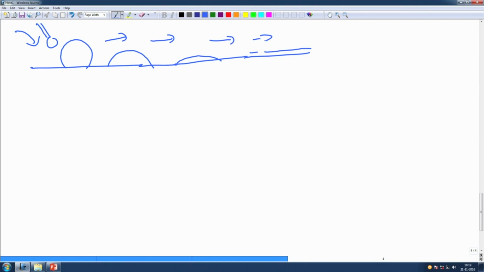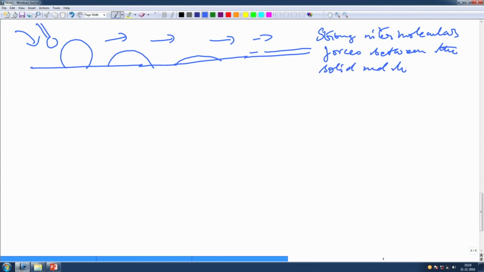Okay. So, wettability is attributed to the strong intermolecular forces near the interface between the solid and the liquid. So, it is basically nothing but the strong intermolecular forces between the solid and the liquid at the interface. Okay.